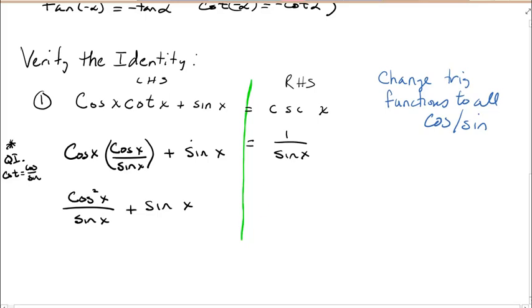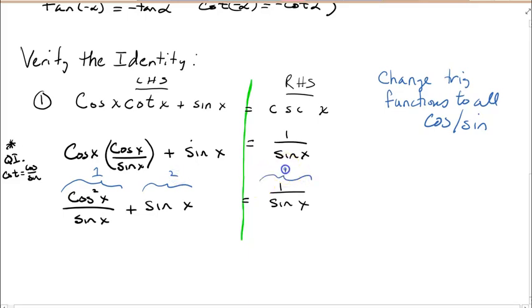Now, here's what I want you to notice. Whether you leave this as cosecant x, the right-hand side, or change the right-hand side to 1 over sine x, it's a single term. I want you to look at that left-hand side. That left-hand side has two terms. So this is term 1, term 2.